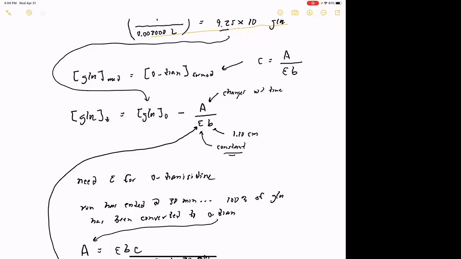As the absorbance changes, you'll get the corresponding glucose at time T. Then use it to plot your data three different ways. Once you have glucose at time T, you can take the natural log of it, then take the inverse of it. Then you'll have all the data you need to make your three plots and figure out which one is most linear. Does everybody see how that works? Yep, so that's what we're going to do.